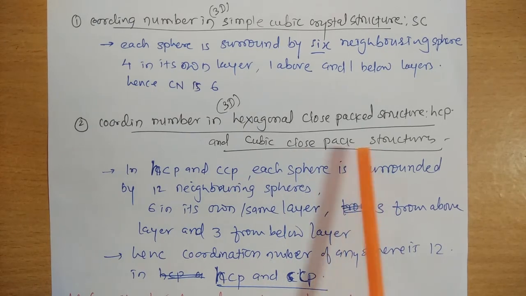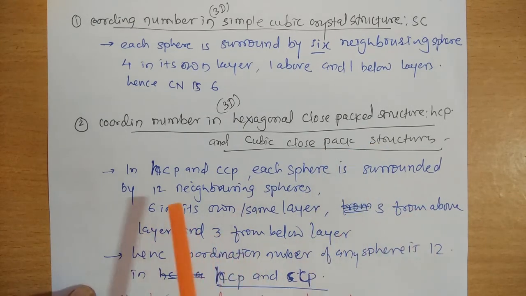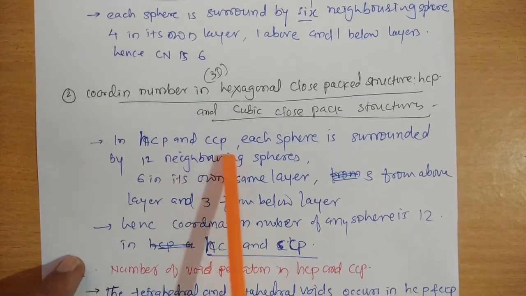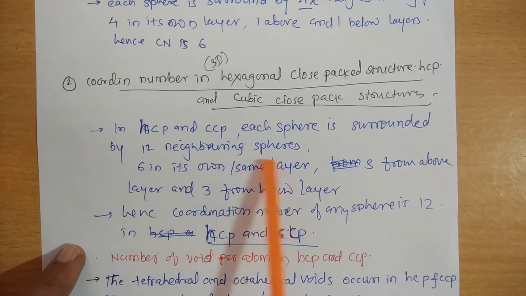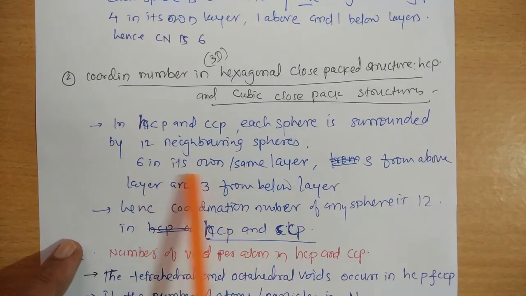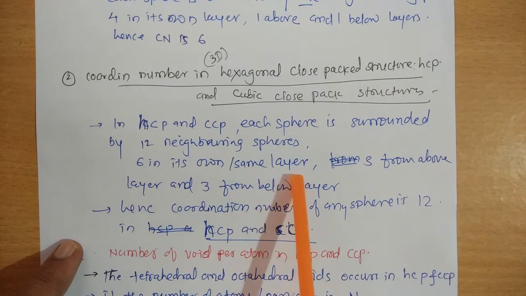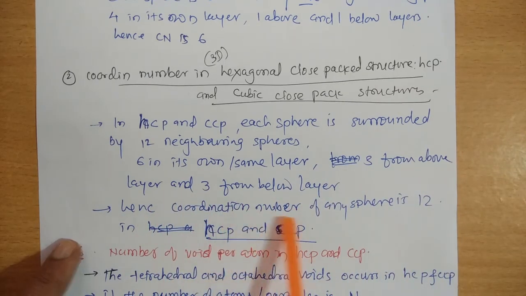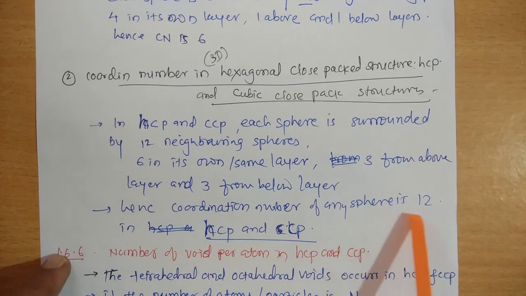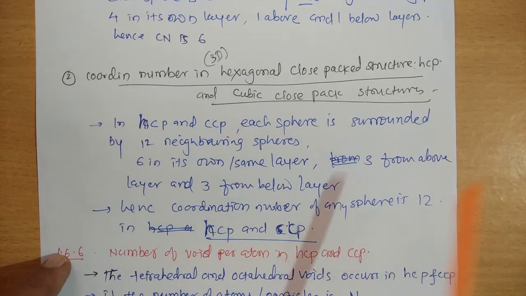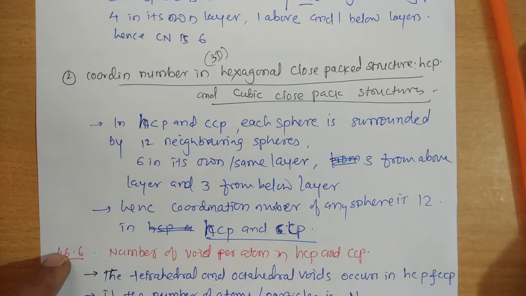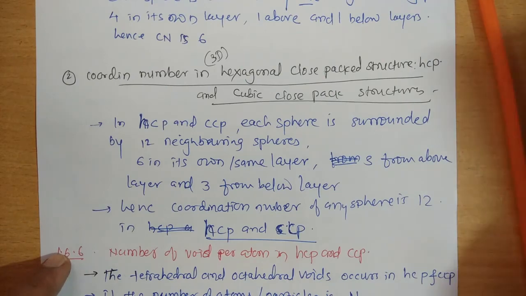Here, in both HCP and CCP, each sphere is surrounded by 12 neighboring spheres, 6 in its own or same layer, 3 from the above layer and 3 from the below layer. Hence the coordination number of any sphere in this packing is 12. Now how it can be seen, we can see here.